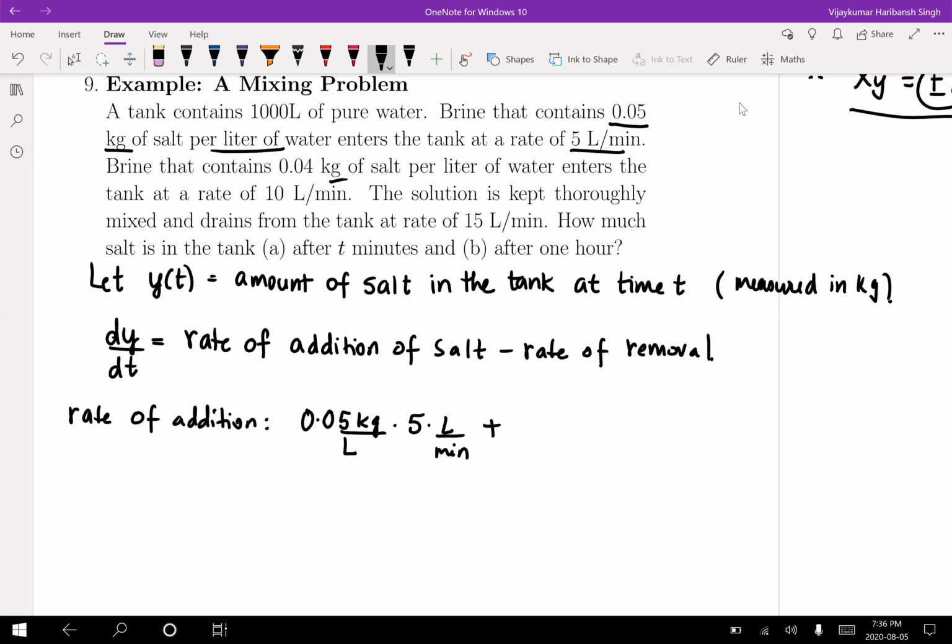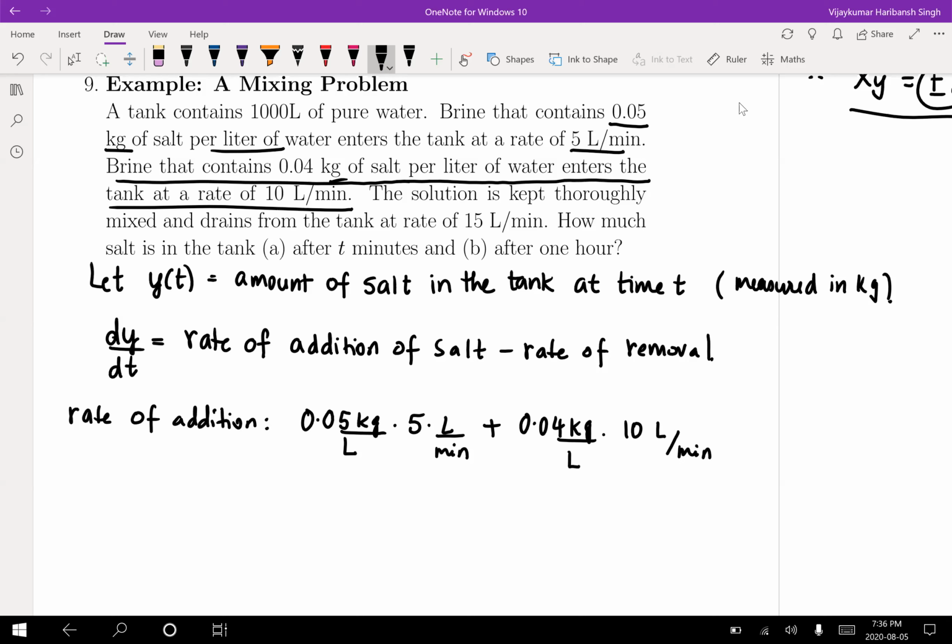Then there is another source, brine containing 0.04 kilogram of salt per liter of water, which enters the tank at the rate of 10 liters per minute. So we have 0.04 kilogram per liter, and 10 of these liters are coming per minute.